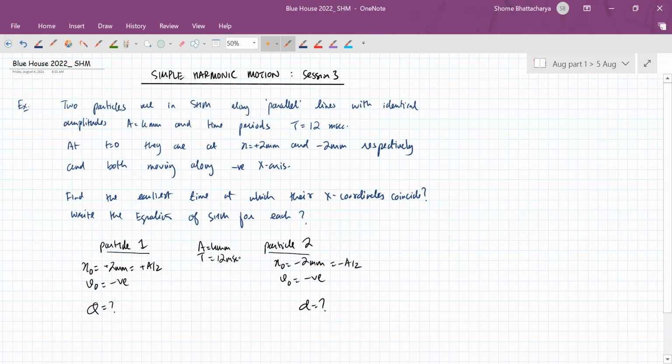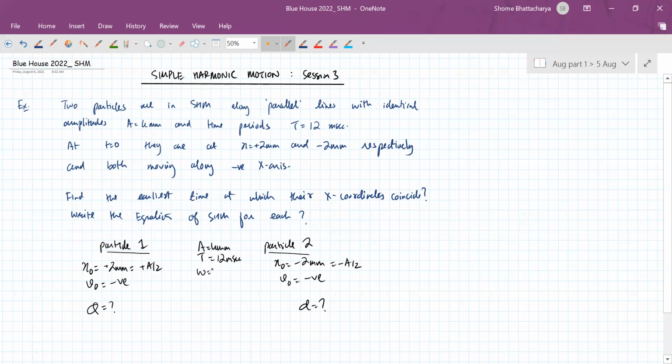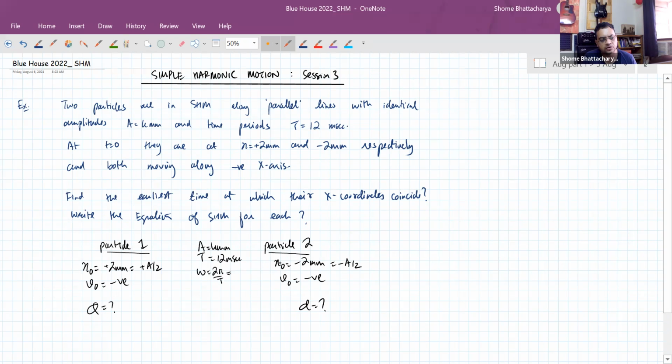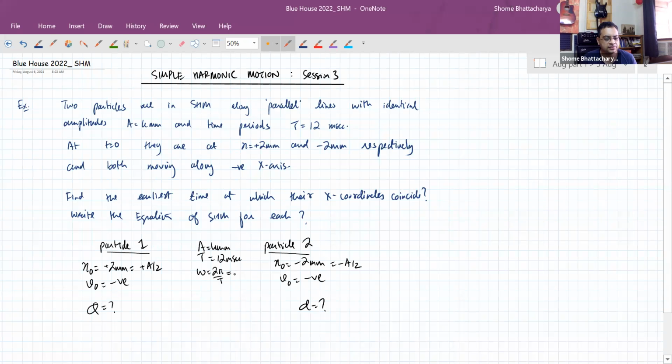First, we need to find omega. Omega also you need to find out, but phase constant also, no? So omega is 2 pi upon time period, right? So how much is that becoming? Pi by 6 radians per millisecond. If you want to convert this to SI unit, it will become like this.